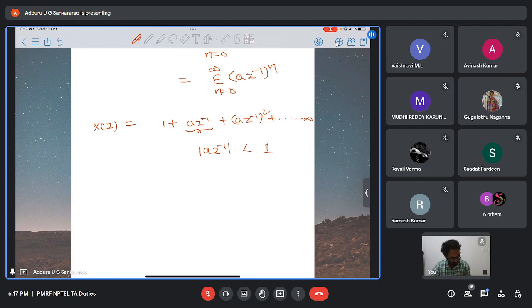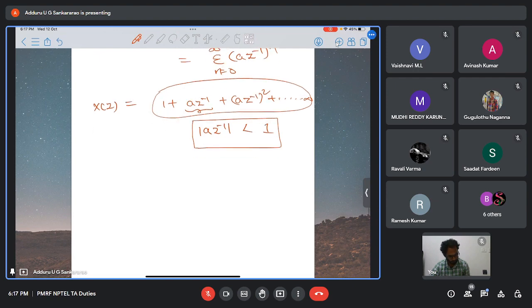So this is the condition. Only for this condition can we find the Z transform, that means this summation is absolutely summable. So the sum of n terms in a GP is nothing but 1 by 1 minus a z inverse. So this is the Z transform for this.